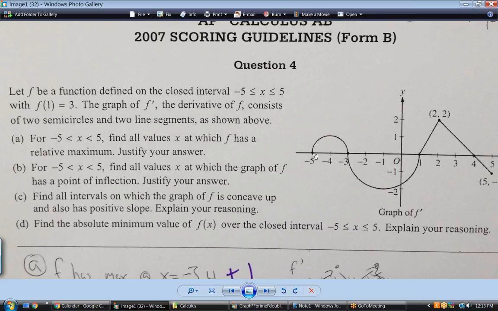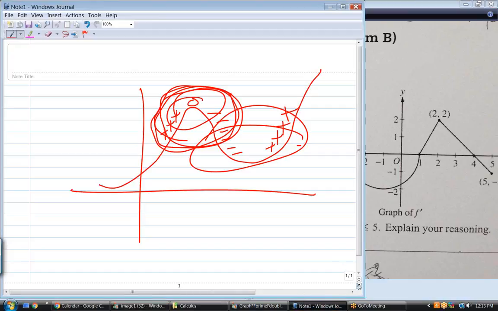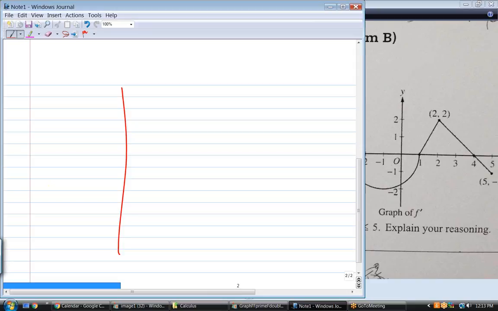So let's just examine each of these 3 points just for the heck of it. At -4, the slopes are all positive. So that means the original function is always increasing. It can always be increasing like this.